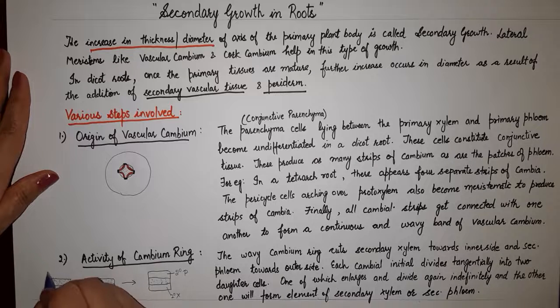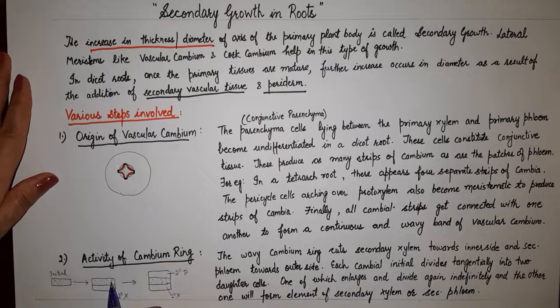So there is a cambial initial that divides tangentially. One of the cells remains meristematic throughout life and the other cell, if cut towards the inner side, will develop into secondary xylem, and if towards outer side will develop into secondary phloem. So that is how the secondary xylem and phloem elements are formed.